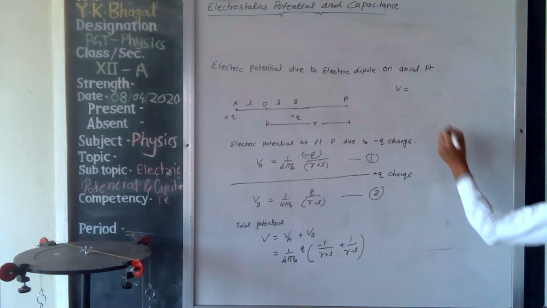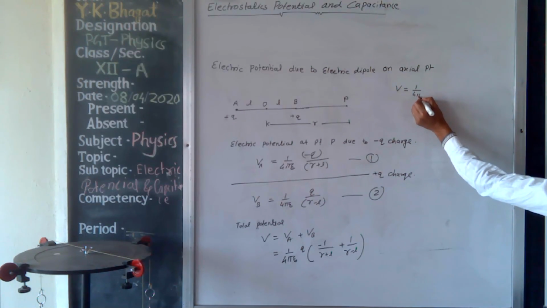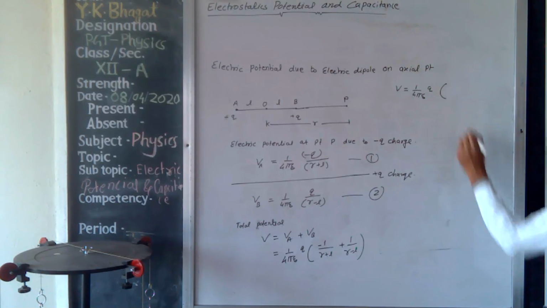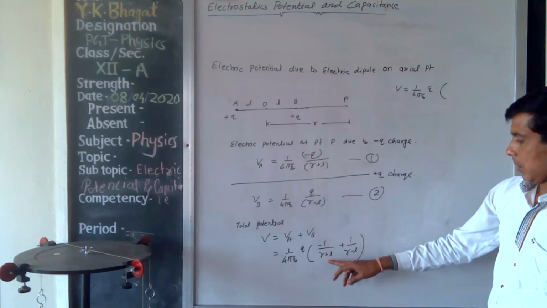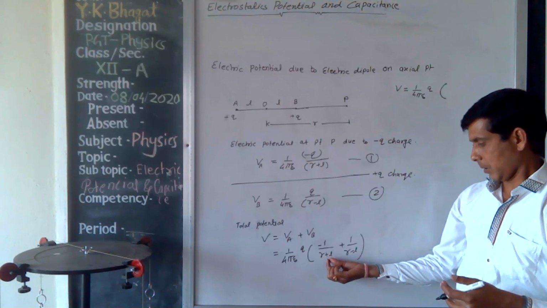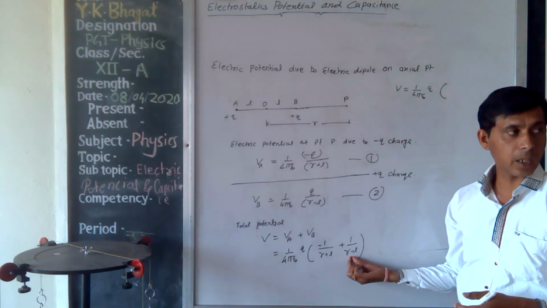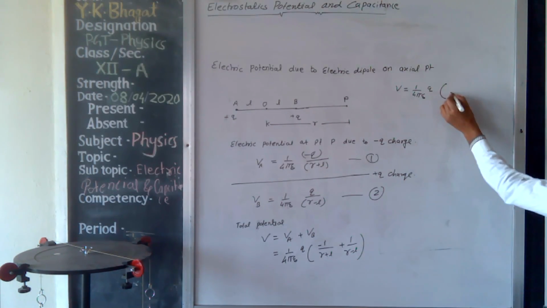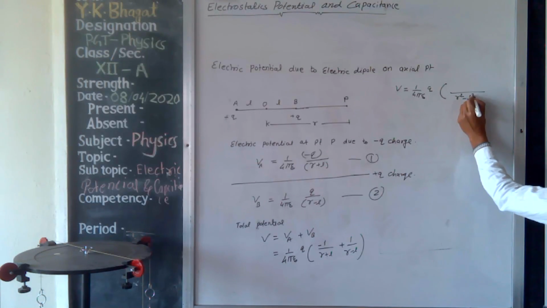Then 1 upon 4 pi epsilon naught q. Applying the formula for r plus L and r minus L, means r square minus L square.